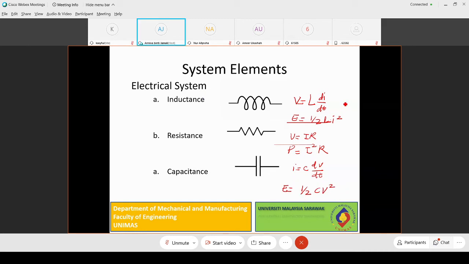So this is the analogous of the electrical system with the mechanical system: mass with inductance, damper with the resistor, spring with the capacitor.